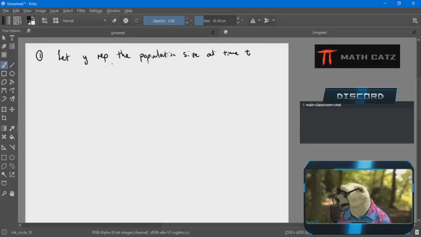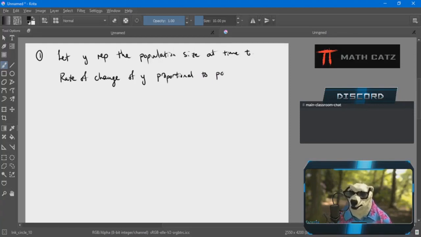Then the information that scientists have found and that we're going to be given in a question is that the rate of change of this population is proportional to the actual population size at that time.